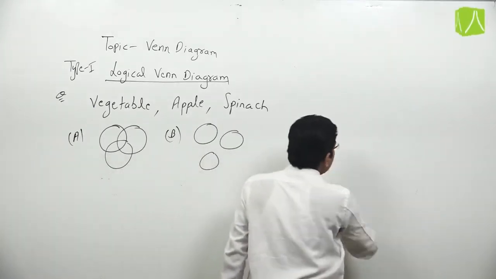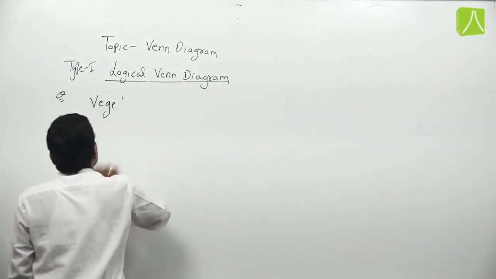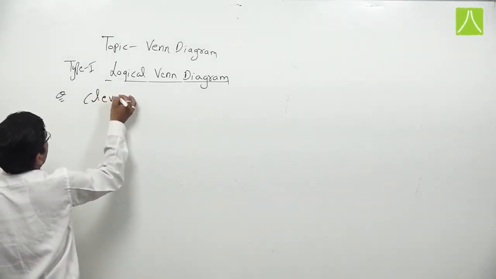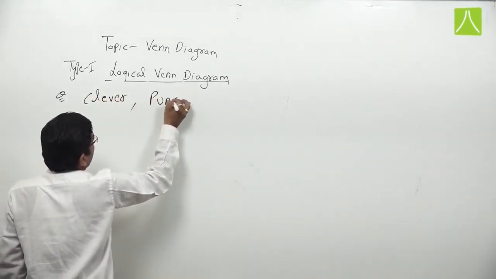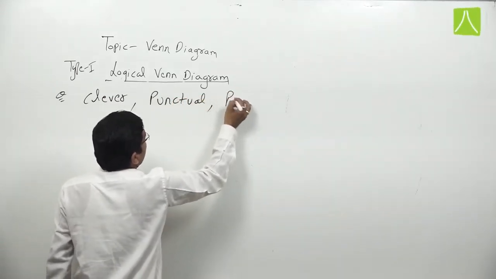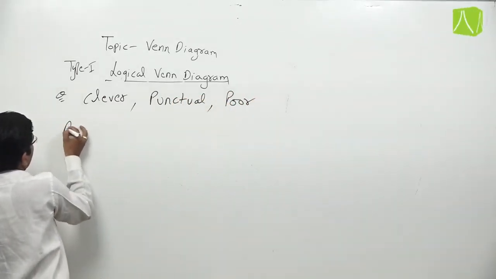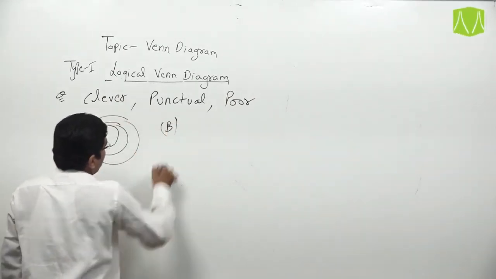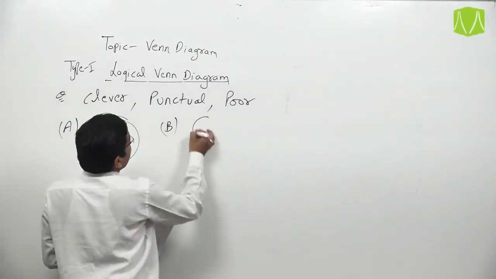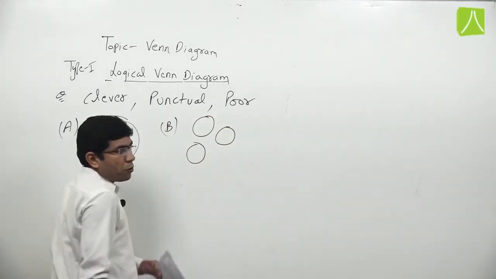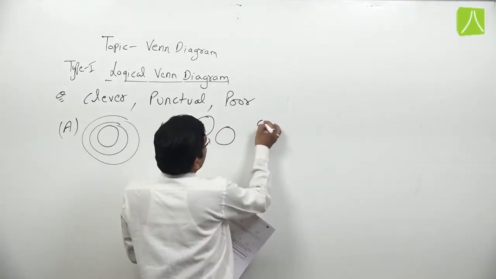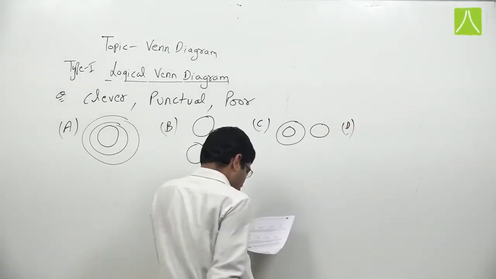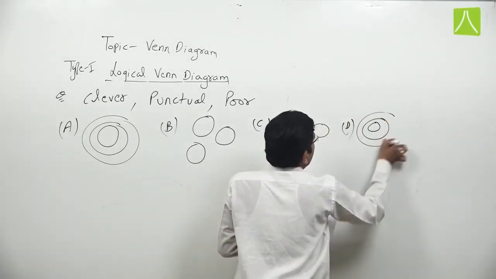Now take the next example. Clever, punctual, poor. B option is this. C option is like this and D option is like this.